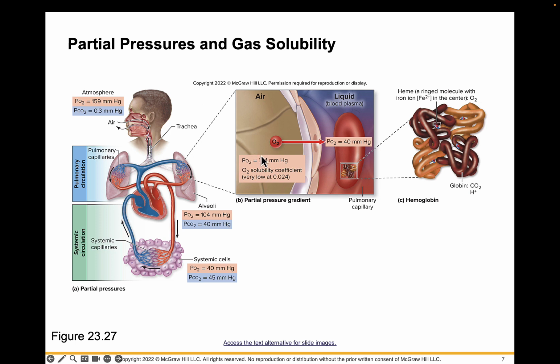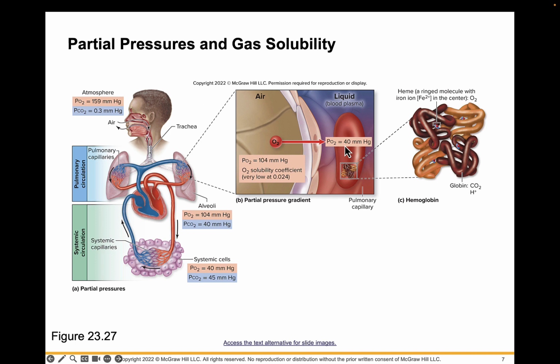It's about 104. And then we're going to look at what it is within the red blood cell. That results in movement of gas from high partial pressure to low partial pressure, from the alveolus into the capillary.